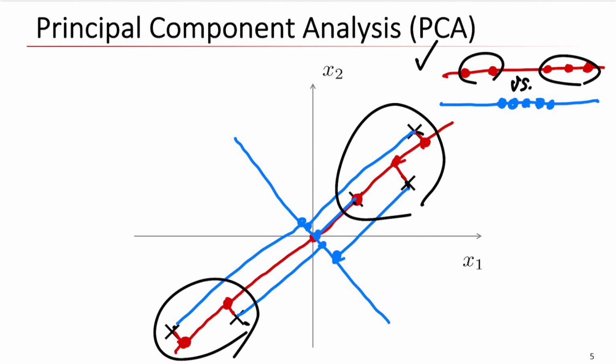But in the blue case, there is no distinct property or distinctive feature in the projected space, so we cannot use this blue line to understand the original data distribution in the 2D space. So we want to find this red one rather than the blue one. This is the goal of the PCA algorithm.